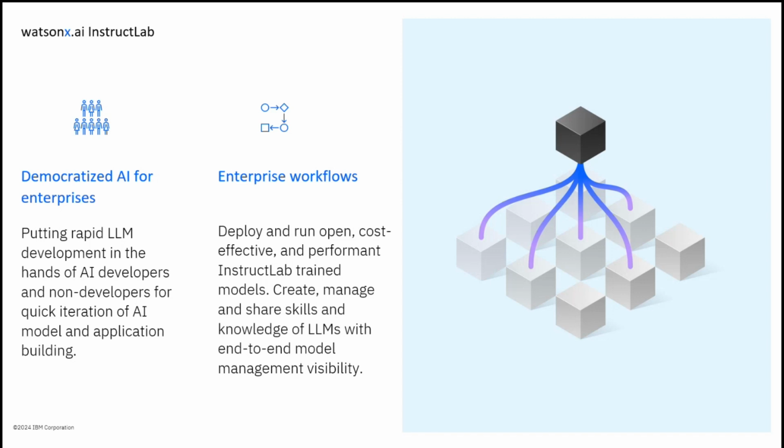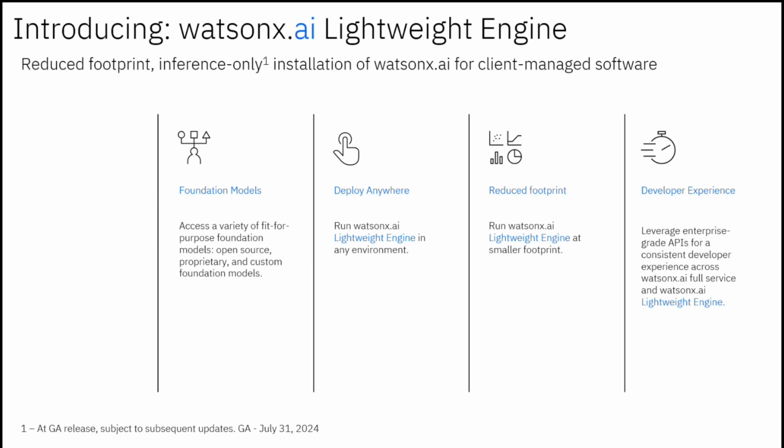There are some exciting updates for watsonx.ai as well. IBM is introducing Instruct Labs, which is providing a platform for a collaborative community of LLM enhancements and enterprise workflows. IBM has announced watsonx.ai's lightweight engine, and this offering is addressing the barrier of footprint and packaging for independent software vendors and clients.